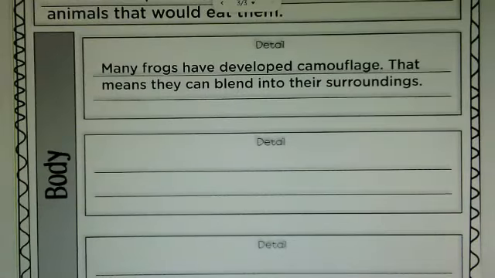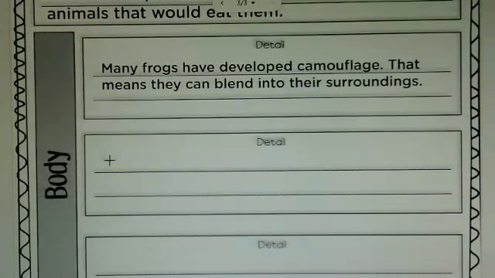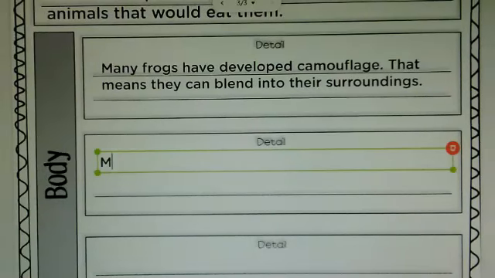Another thing that frogs have that's a defense against predators is that they are poisonous. Oh, I picked the wrong one. Let me get a text box working. Frogs can be poisonous. So, many small frogs are poisonous. Poisonous, I'm going to have to check the spelling on that word.